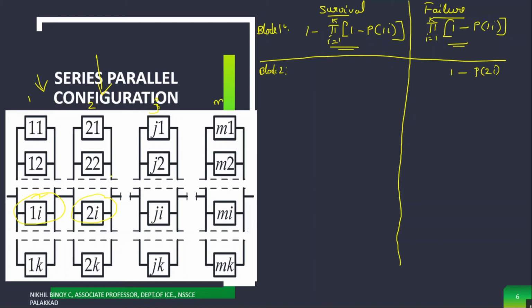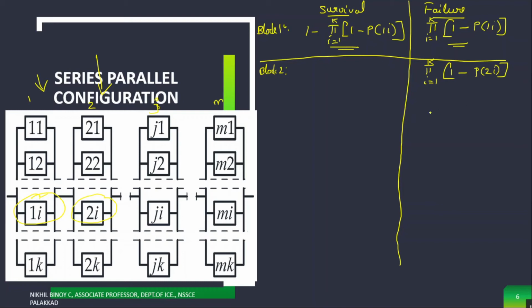Now what we have to do? Each element of this block has the same type of failure. So we have to take the product of the probability of failure of each element from I equal to 1 to k. So we have the product I equal to 1 to k of 1 minus P of 2I.